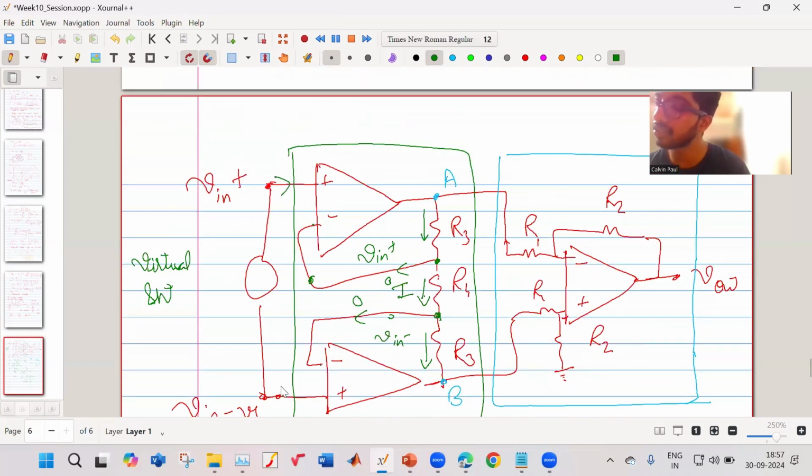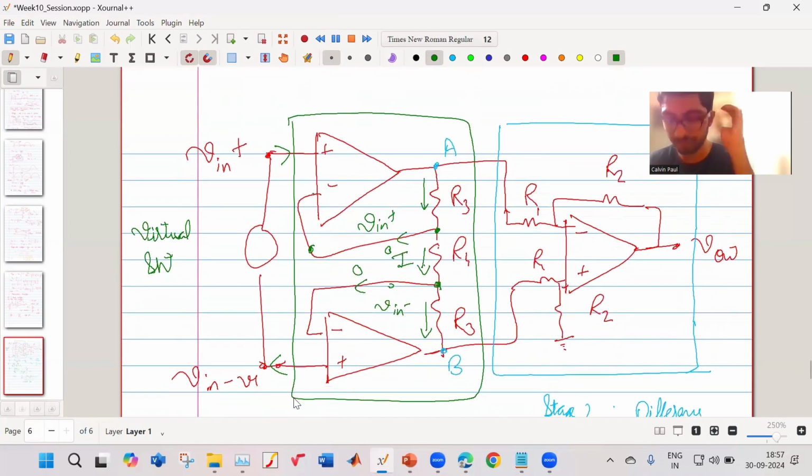So how much is the current flowing into my overall setup of the amplifier? Can you tell? So how much is this current?